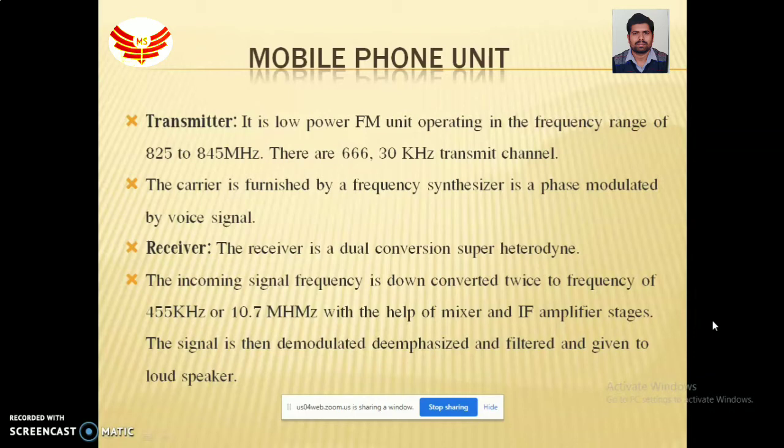MTSO is the mobile telephone switching office. Typically this output power is different for a vehicle-mounted unit or a handheld one. This feature can be seen in the last section of this slide.